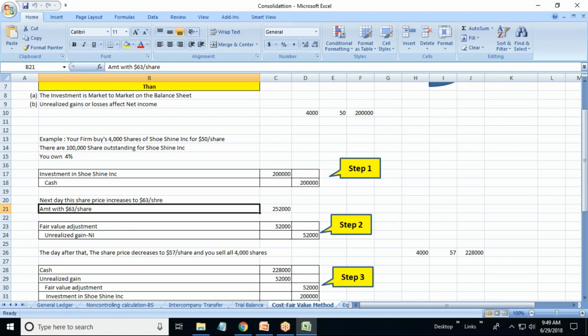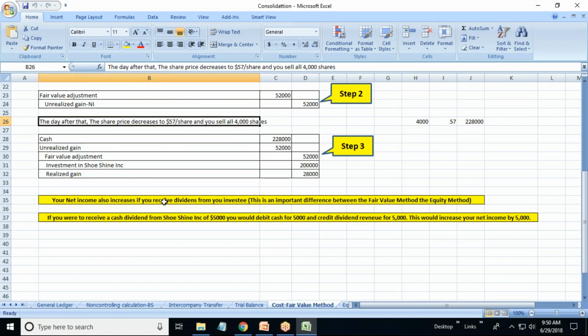You need to record the unrealized income in net income. We calculate it, and it becomes 252,000. So we record the unrealized fair value adjustment of 52,000, because we already recorded 200,000 and the remaining amount is 52,000. We record it as a debit of 52,000, and it goes to unrealized net income. That is the second step.